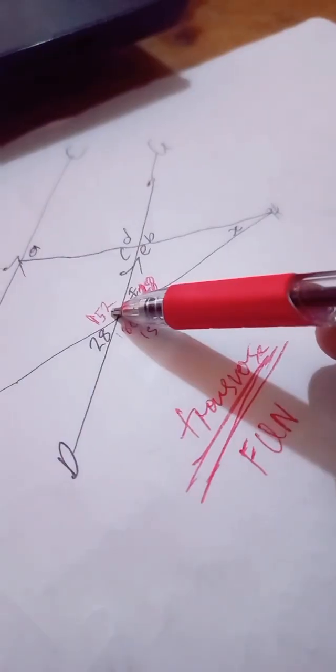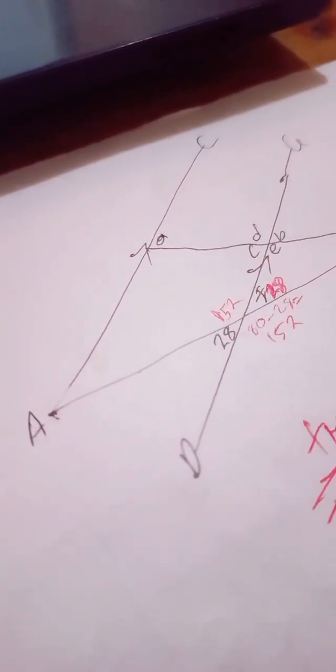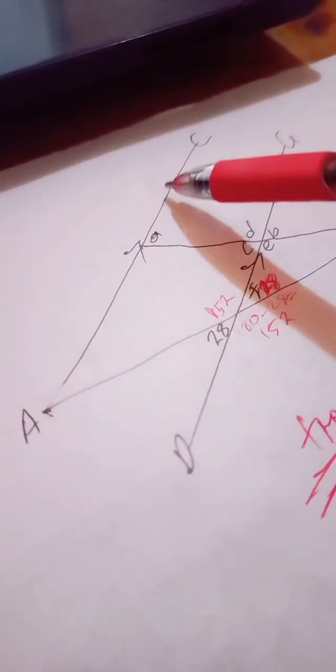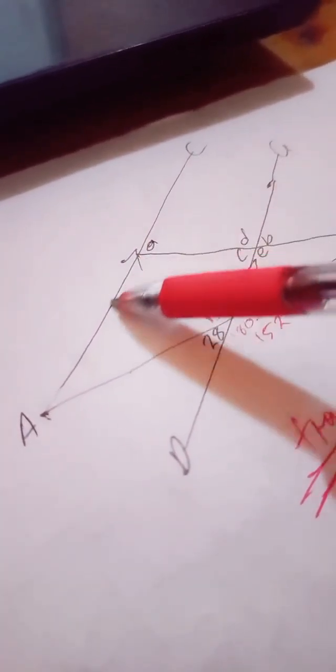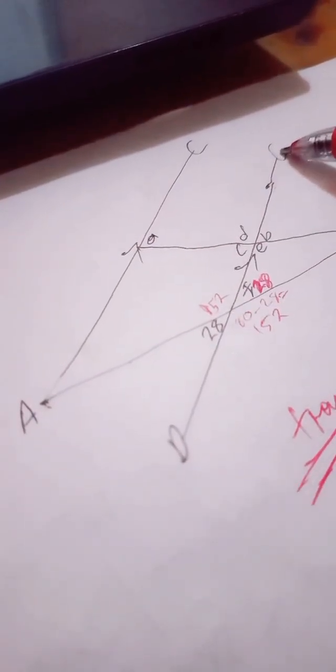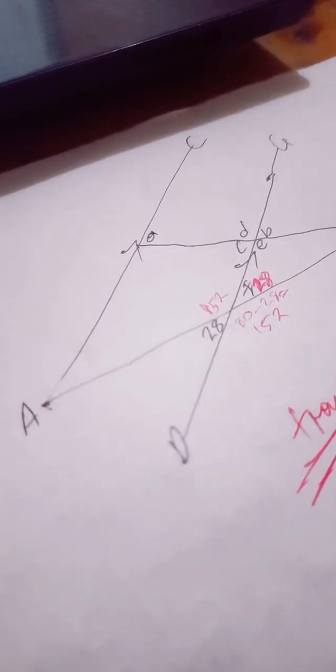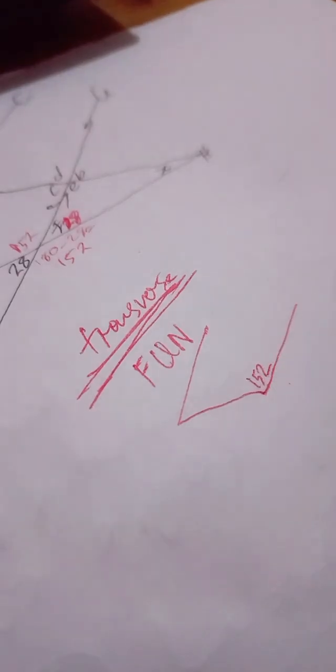Okay, I have this 152. I have this 152. Let me use co-interior. My U starts at C, comes this side, comes down, and back. So my U is like this. You see? This is the U. And this angle is this angle, which is 152.